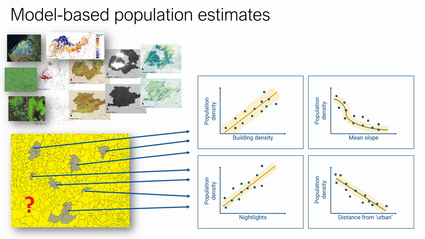And often these are very messy, uncertain relationships. But the more of them that we build up with the more different types of geospatial data sets, and sometimes even mobile phone data sets, the better we can do in terms of characterizing those relationships.